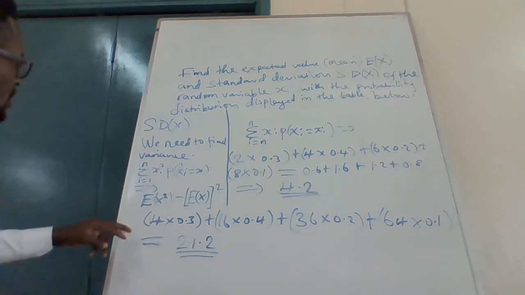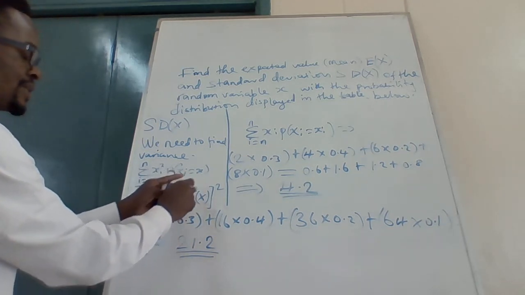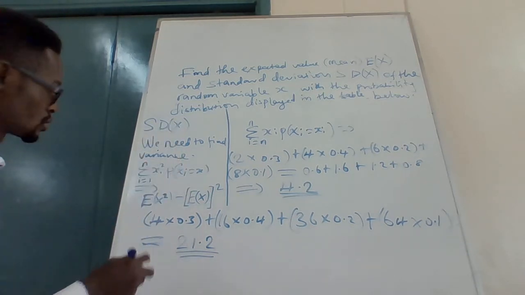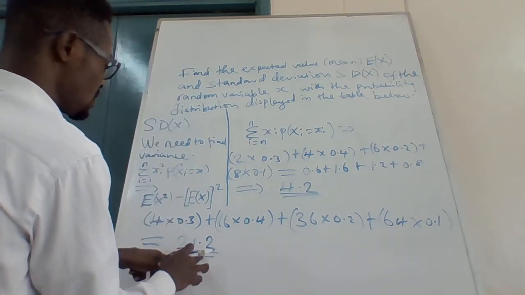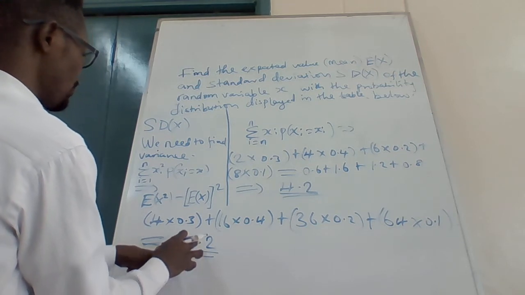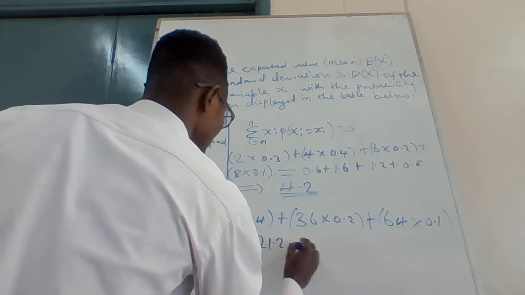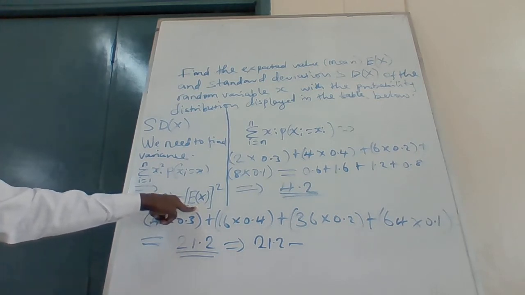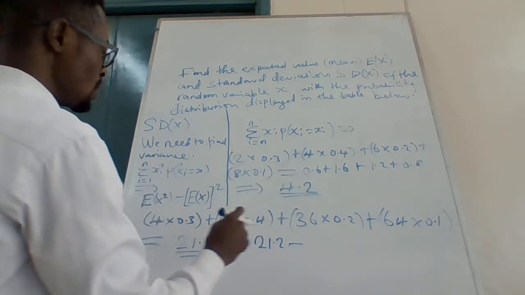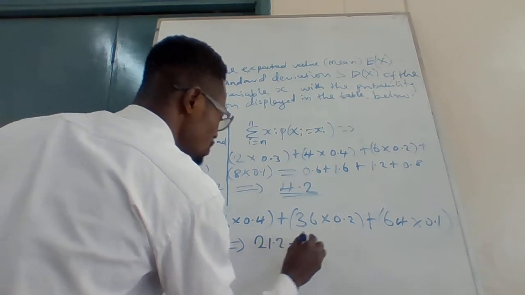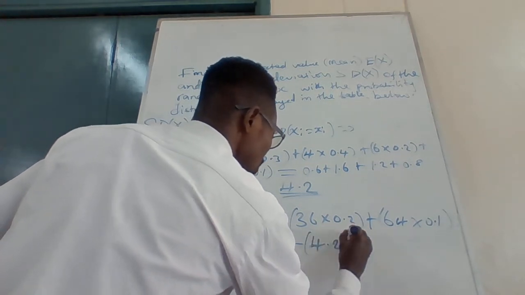Remember, the variance is the expected value of x squared minus the expected mean, all squared. Our expected value of x squared here is 21.2, so it will be 21.2 minus the square of our expected mean. Our expected mean was 4.2.